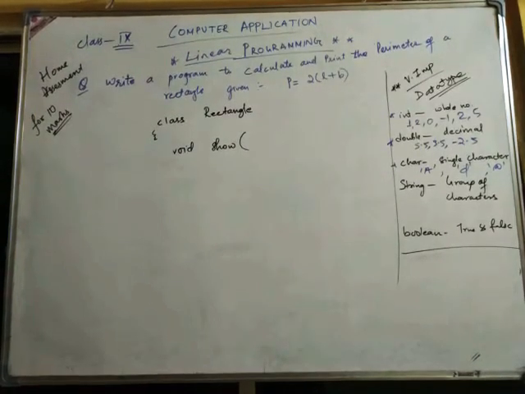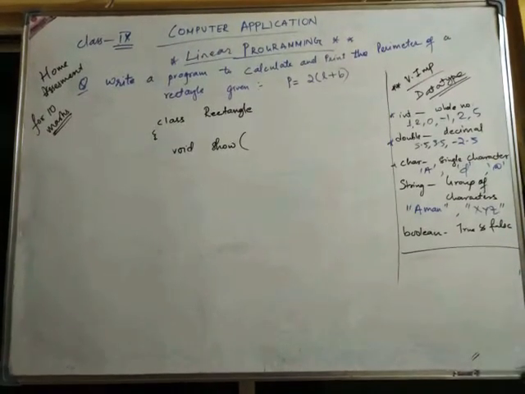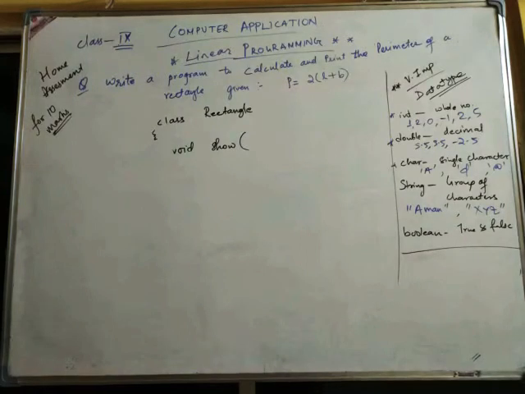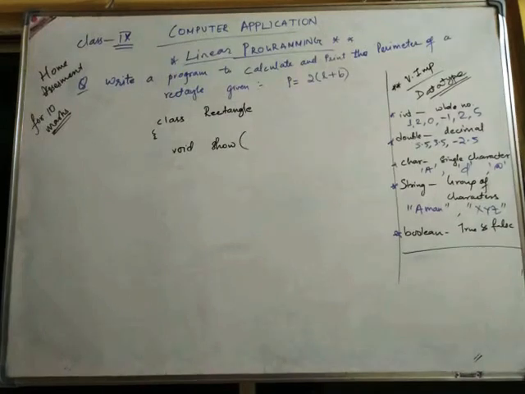We'll be using char as the data type when we have a single character value, and if we have a group of characters we'll be using string, like a name and address. And if we have true and false, we'll be using boolean. So these are the different kinds of data types which we are having here.